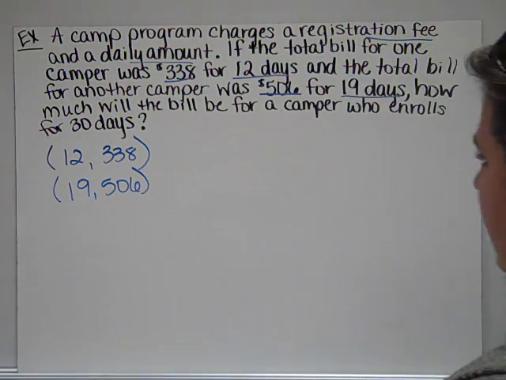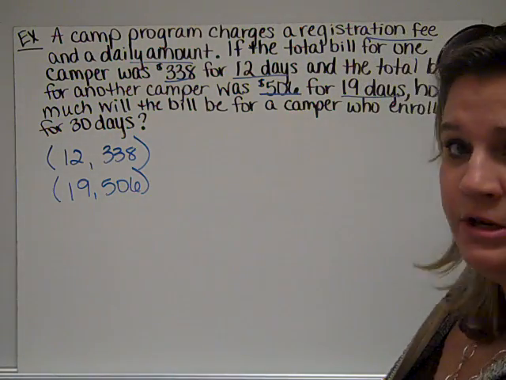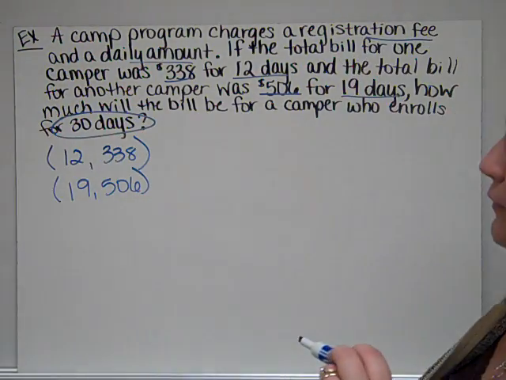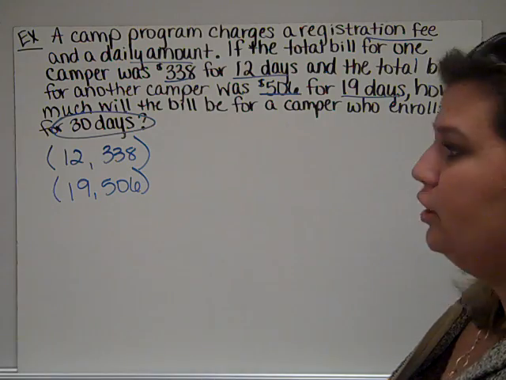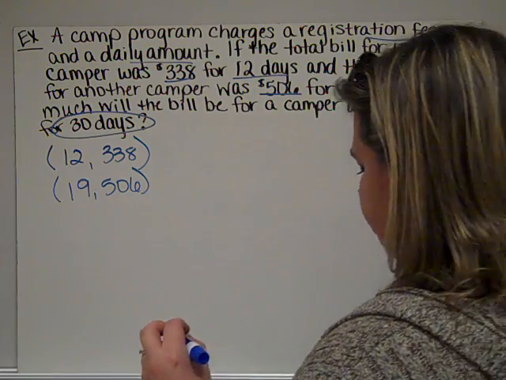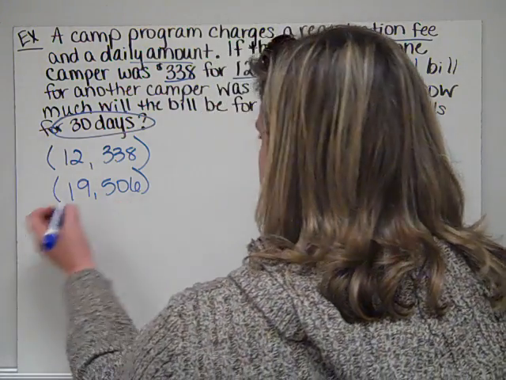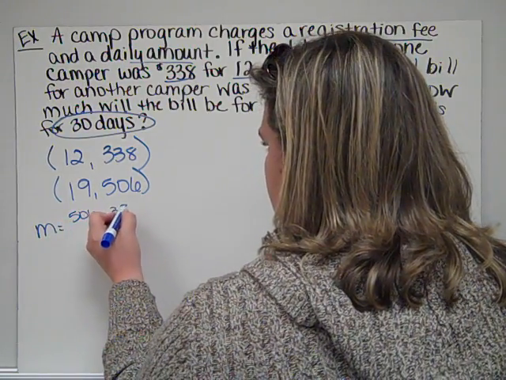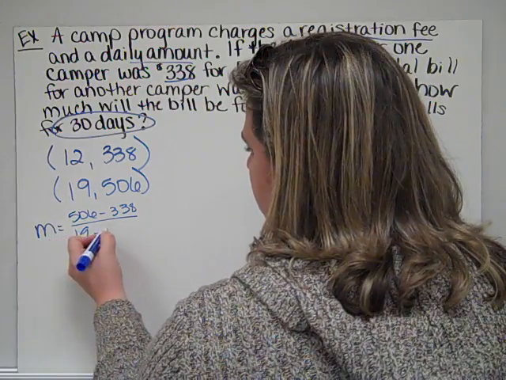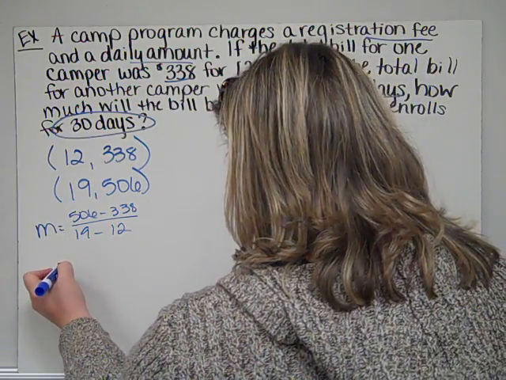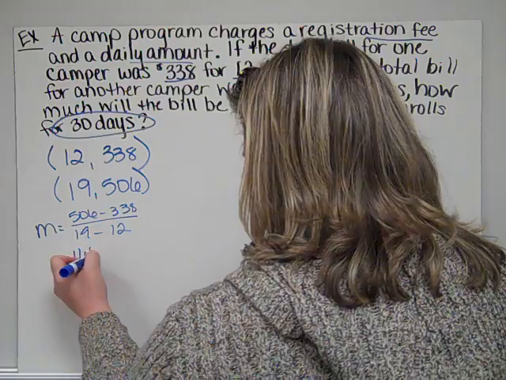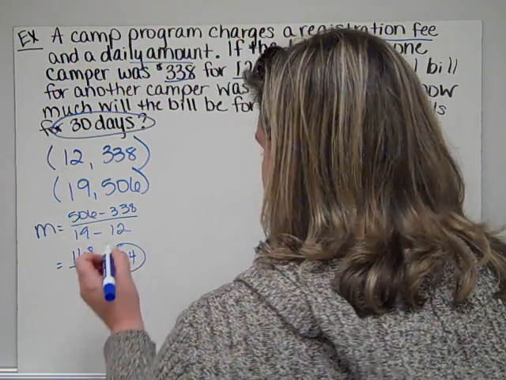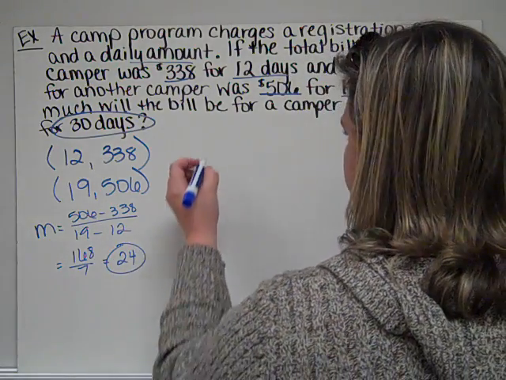Again, we're going to go through the whole spiel, because in the end we're looking for how much it's going to cost for 30 days, practically a whole month. When I solve for the slope, let's put our numbers in order. That gives me 24, so my slope is 24.